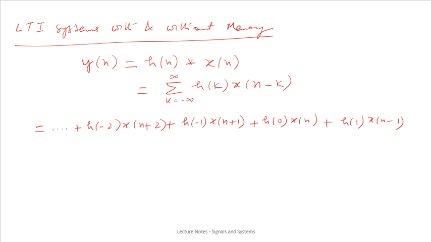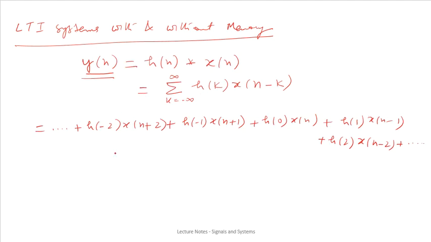So you can just continue in the similar fashion, that is h2 x[n minus 2] and so on. So this summation expression can be expanded in this form. Now you notice one thing, that for this system y[n] to be memoryless, y[n] must depend only on x[n].